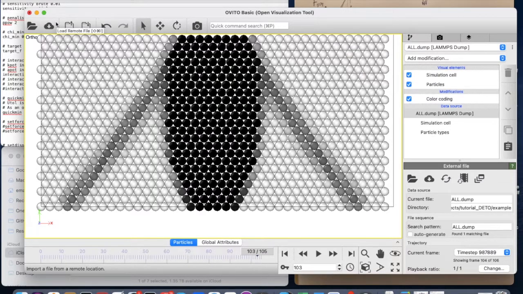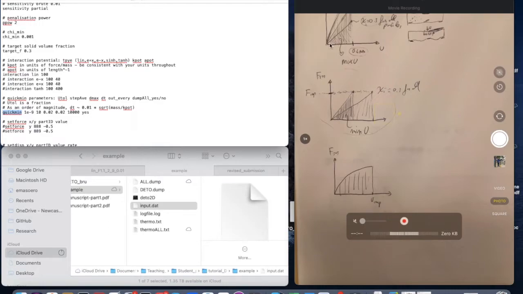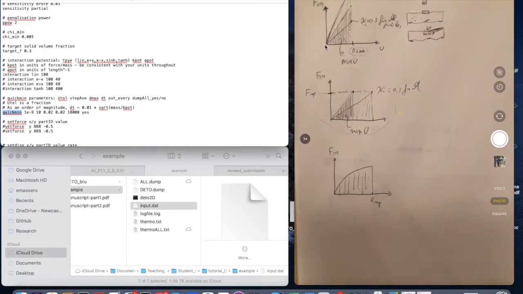So all this long introduction is to come and tell you what this command is doing. Quickmin is the method by which the code performs this incremental simulation, by which the displacement is progressively increased, and every time the imposed displacement is increased, the particles are rearranging based on their interaction.